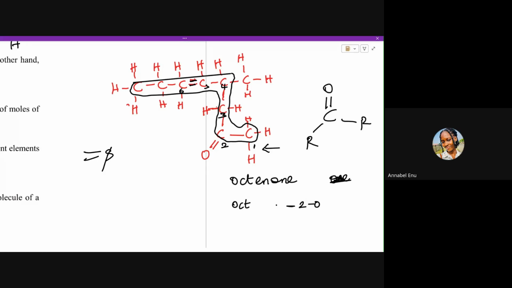You're sure it's number 5? Yes, because this is double bond: this is carbon to carbon bond 1, carbon to carbon bond 2, bond 3, bond 4, then this is bond 5. So this is oct-5-en-2-one. But we are not done.